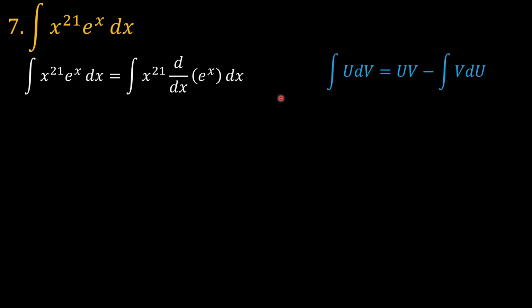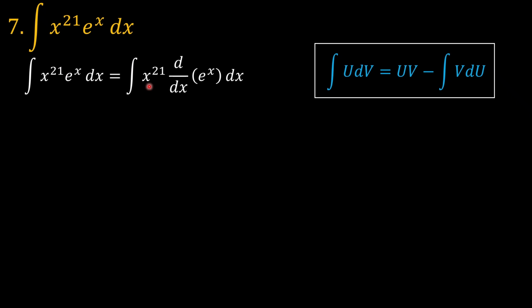So here, our function v is e to the x, our function u is x to the 21. So the product uv is x to the 21 times e to the x, minus the integral of the product of e to the x times the derivative of x to the 21, where obviously the function u is x to the 21.